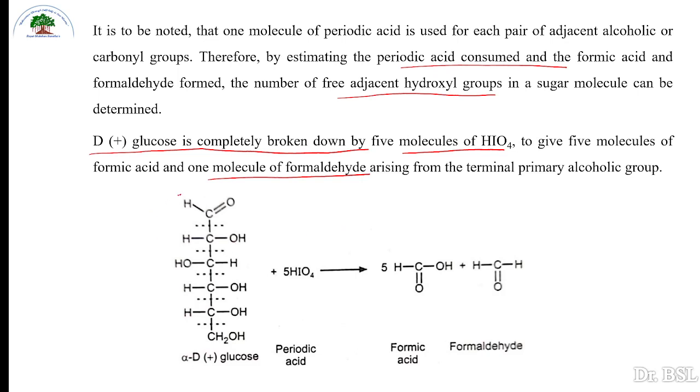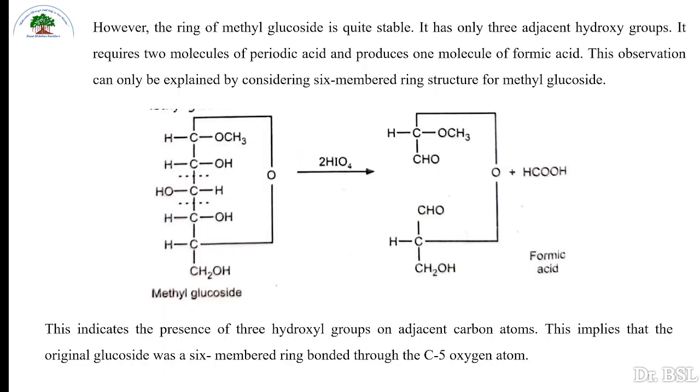So if this is the structure of glucose, that is alpha D-plus-glucose, then with the help of the reaction with periodic acid, 5 molecules of HIO4 are required and we get 5 molecules of formic acid and formaldehyde. However, the ring of methyl glucoside is quite stable.